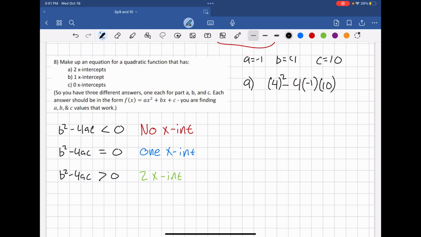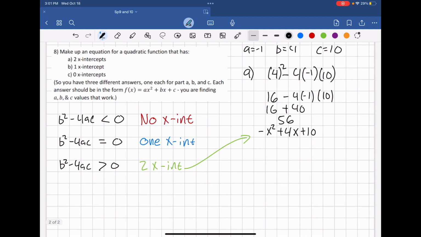Well, when we simplify, we have 4 squared is 16 minus 4 times -1 times 10. Right, so 4 times -1 is -4, so minus negative 40 is plus 40. So 16 plus 40, that is 56, right? So that's our positive discriminant. So again, the full equation would be -x squared plus 4x plus 10, which has 2 x-intercepts.